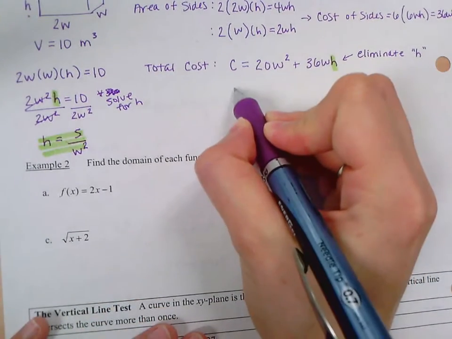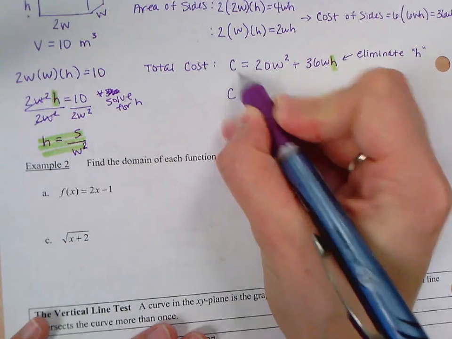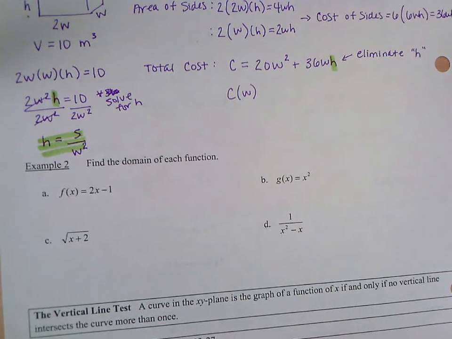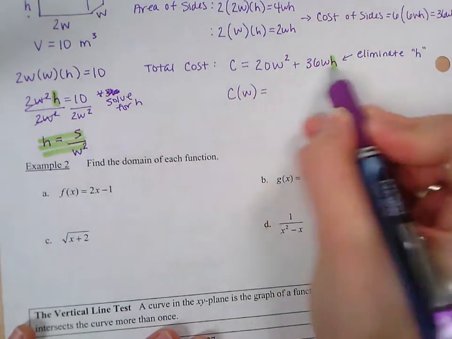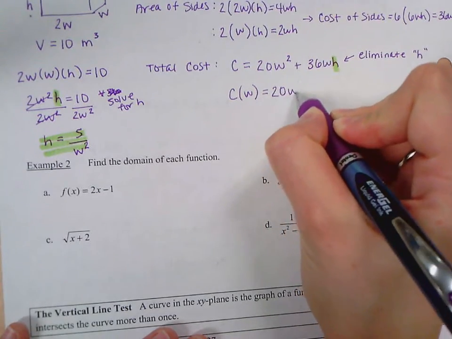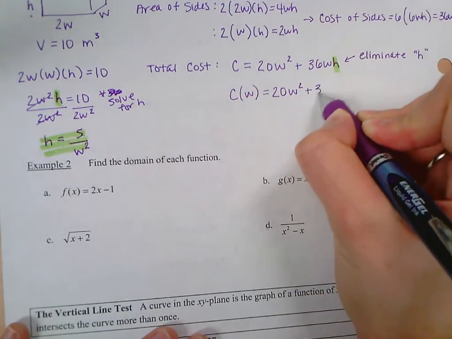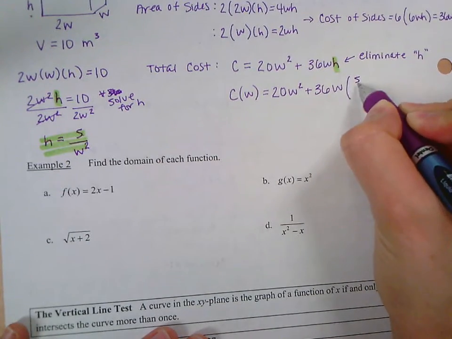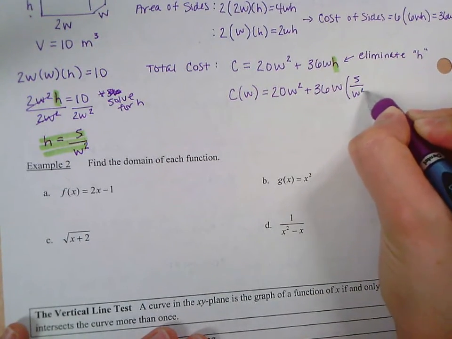So now I would be able to write, rather than just C, I'd be able to write it as C of W, as a function of width, because my only variable is going to be W. So I would have 20W squared plus 36W multiplied by 5 over W squared.